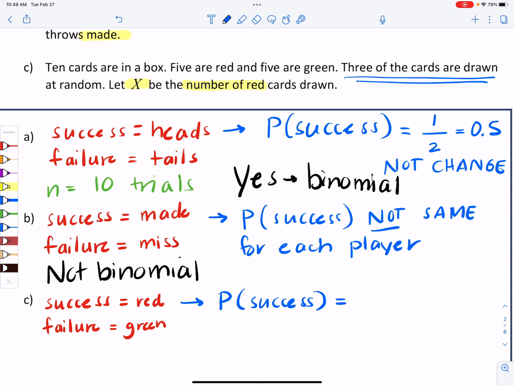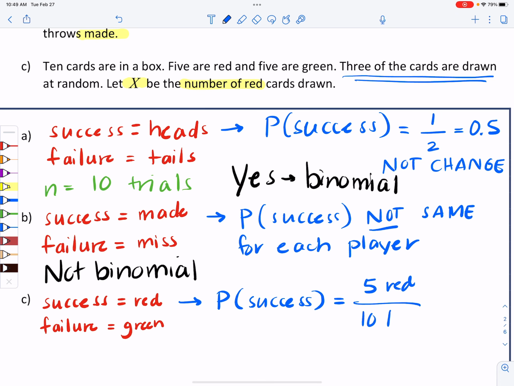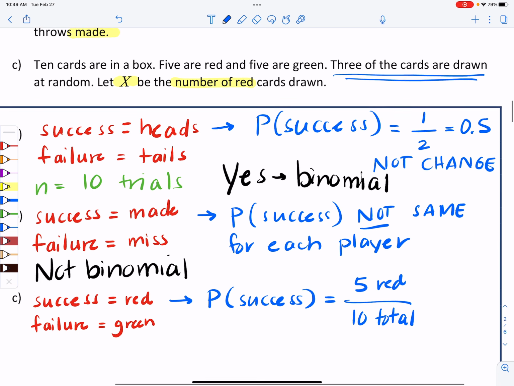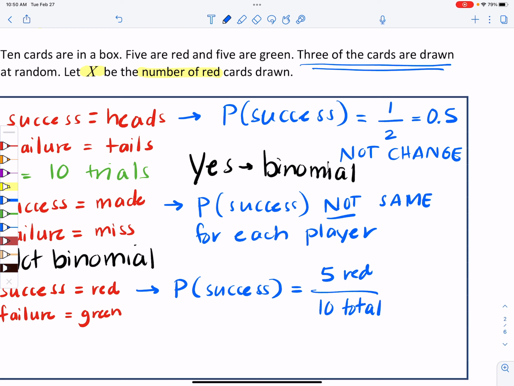If I want a red one, my probability would be 5 red out of 10 total. This would be my probability for the first card that I select.